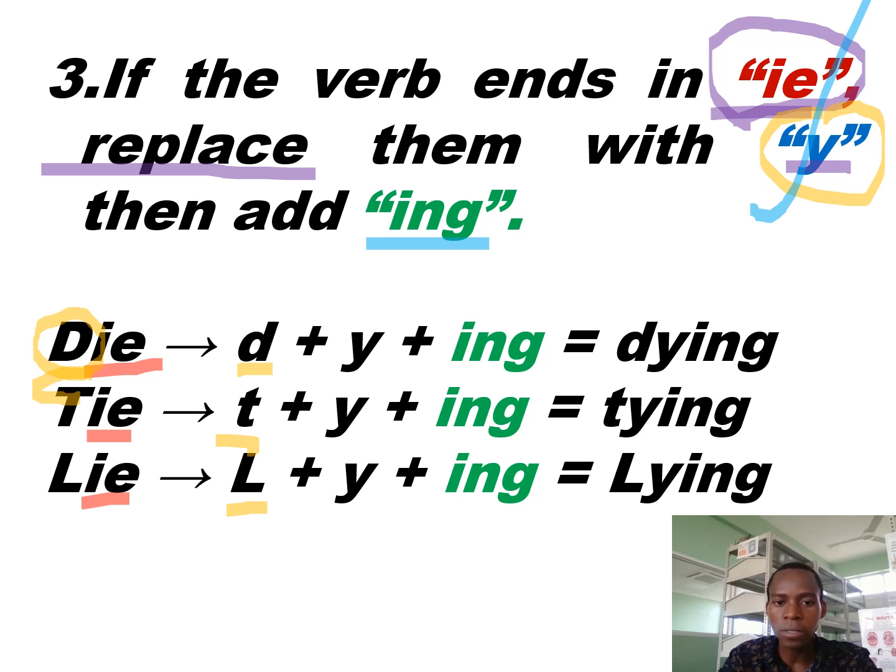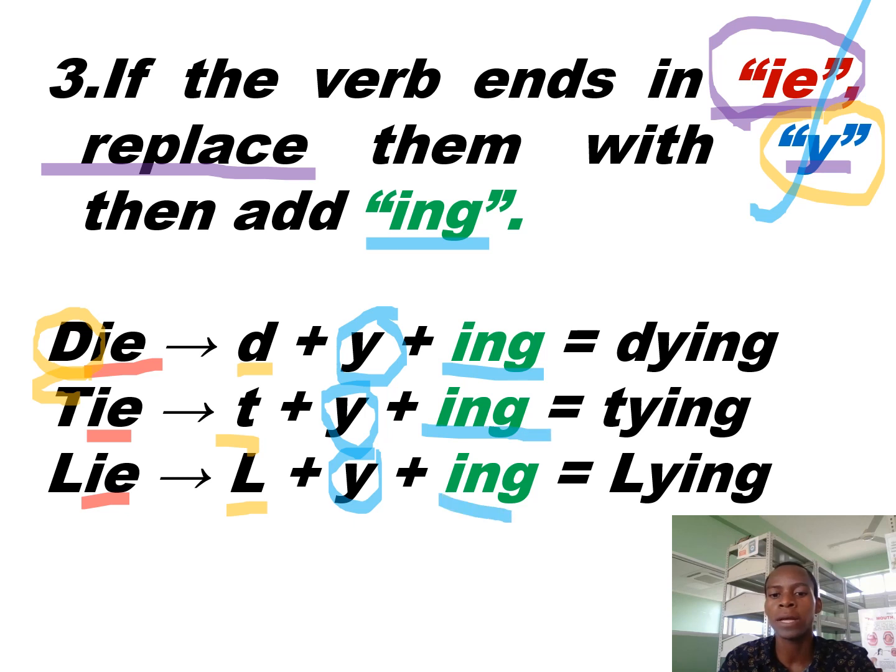Then D, T, L, plus the Y sound, which is replacing the IE sound, followed by the final ing to form the present participle.